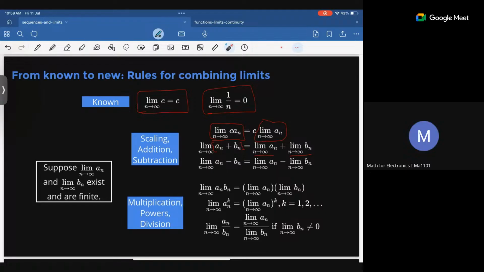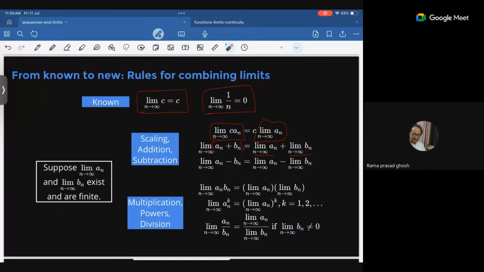This is being streamed actually, YouTube streamed, and the link is also available. It's in the calendar only, for all courses. For math, I pinned it.